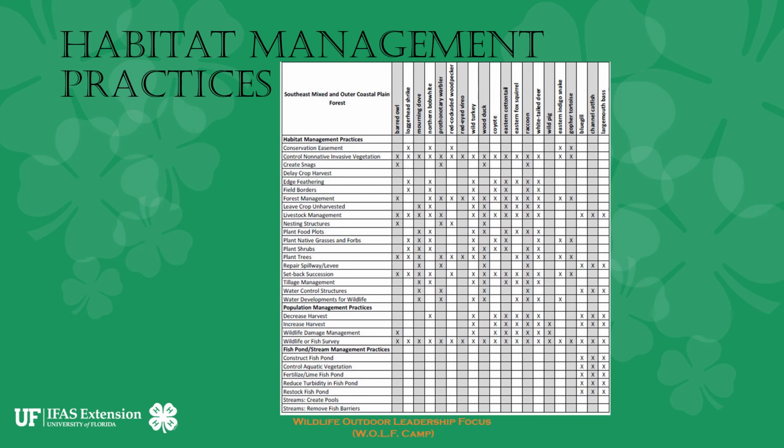If we take you to a site that has a nice forest, has good vertical structure, you would not need to select those things because it's already there. Or you wouldn't need to set back succession if it's the proper stages. Now, if we're managing for mourning dove and we're standing in an oak hickory hardwood forest, we would have to select that box that says set back succession.